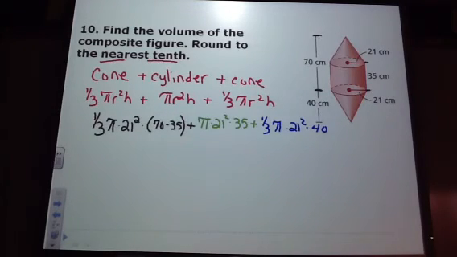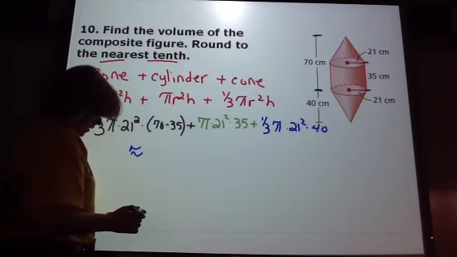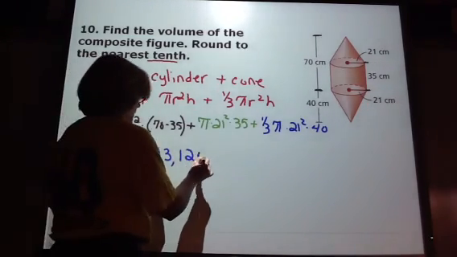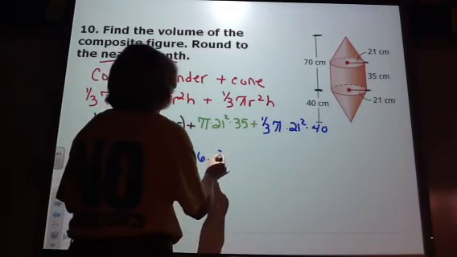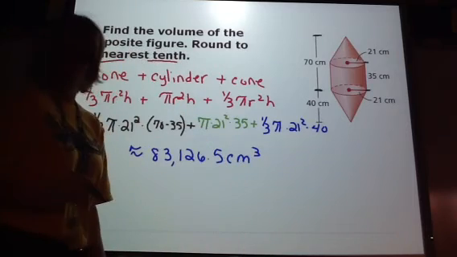And this is what I got. I'm getting, let's see here, 83,126 and 5/10 centimeters cubed.